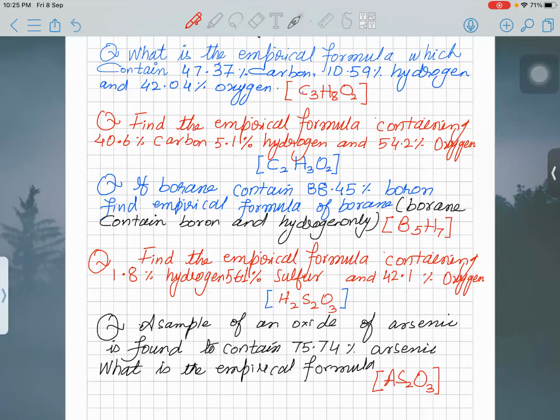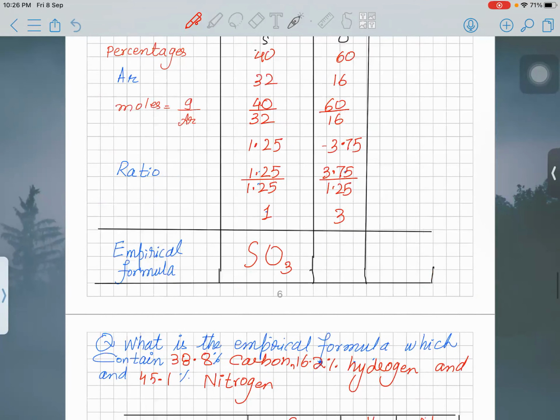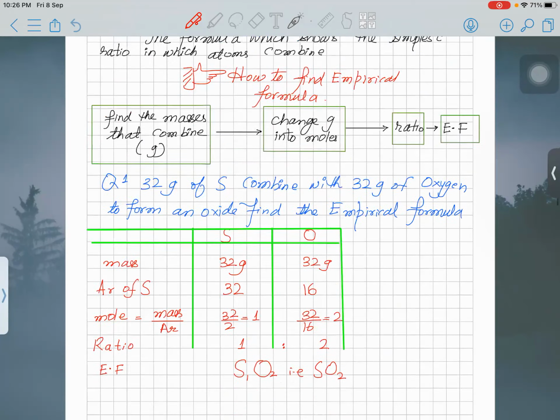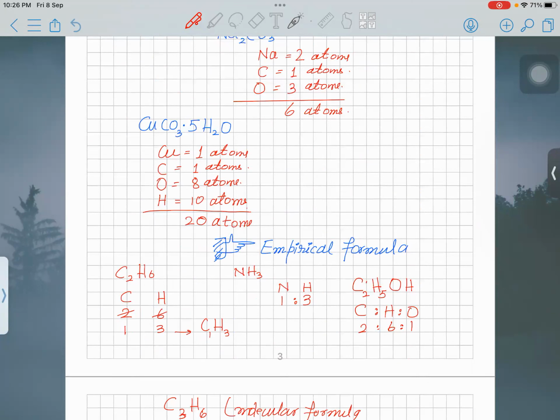Tomorrow, inshallah, we will start molecular formula. Can you tell me the number of the lecture? Either it is lecture 12 or 13 or 11. 12, sir.